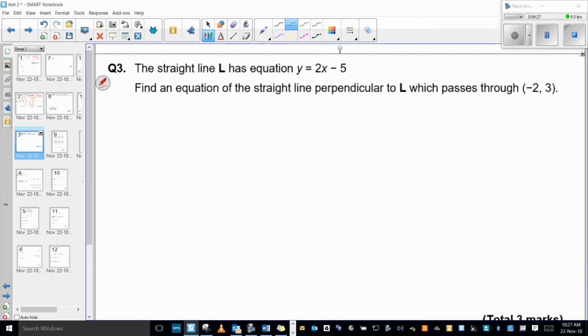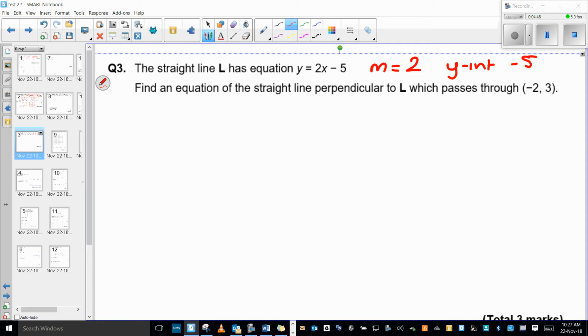The straight line L has the equation below. Find an equation of the straight line perpendicular which passes through negative 2, 3. So again, we identify the gradient and y-intercept. So the gradient of this one is 2. Y-intercept is negative 5.